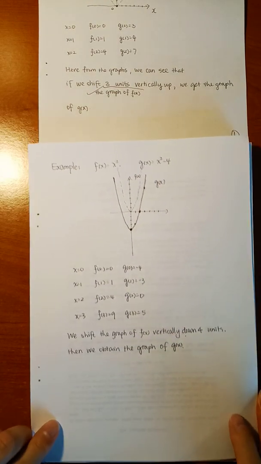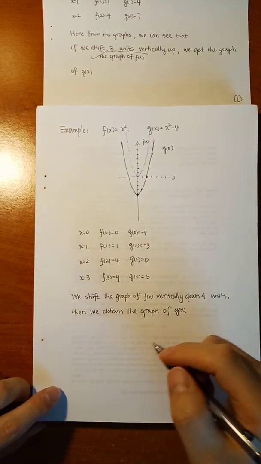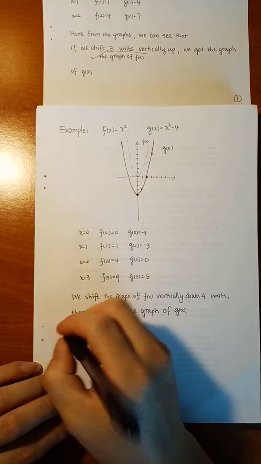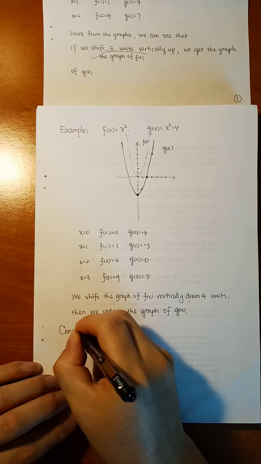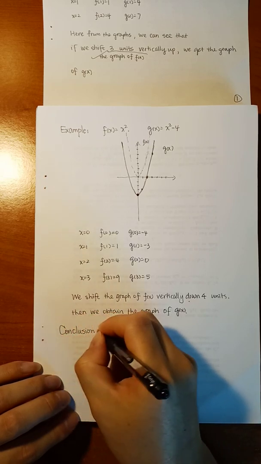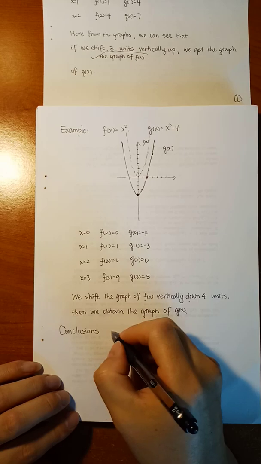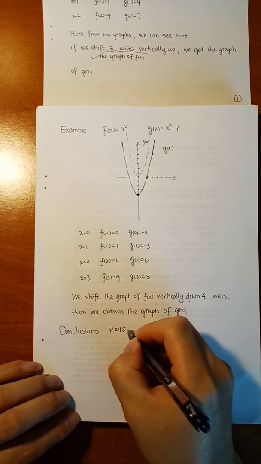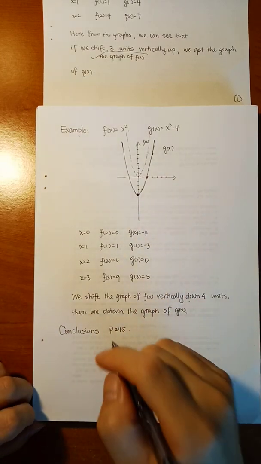Okay, so to make this more precise, we have the conclusion. Those conclusions are on page 245. There are 2 boxes.